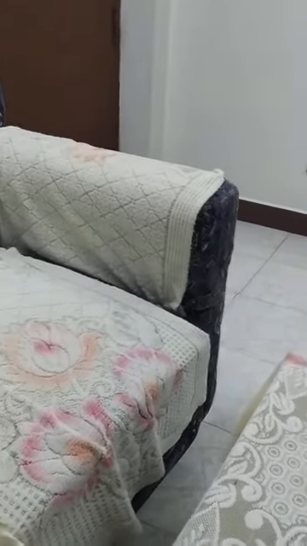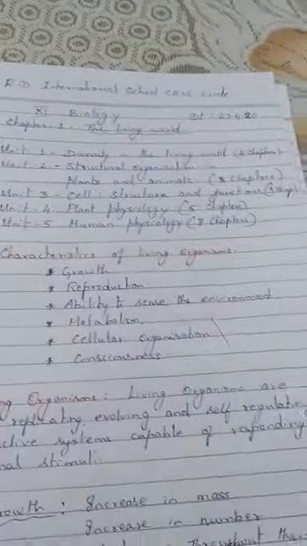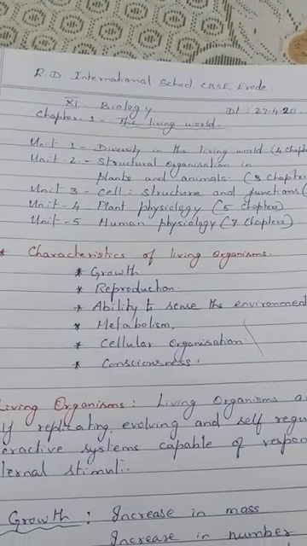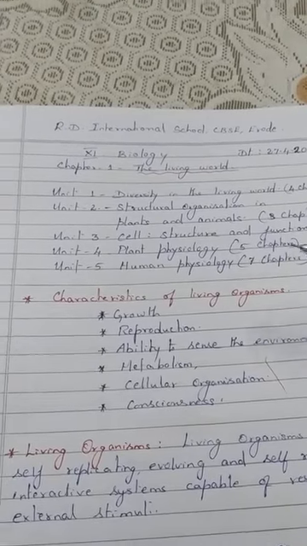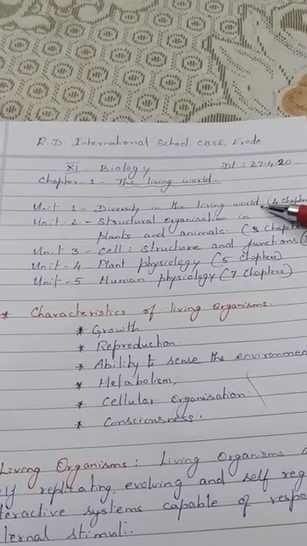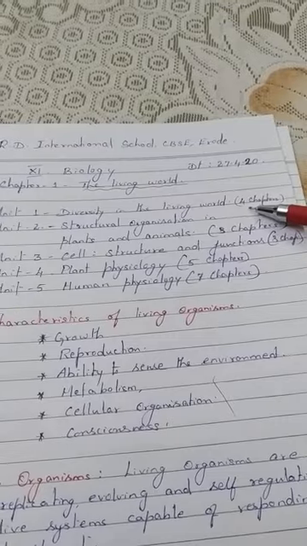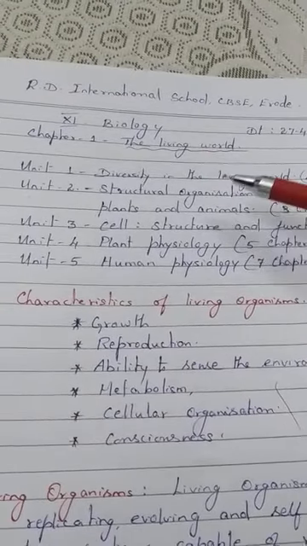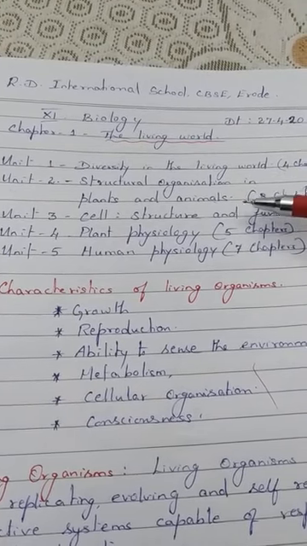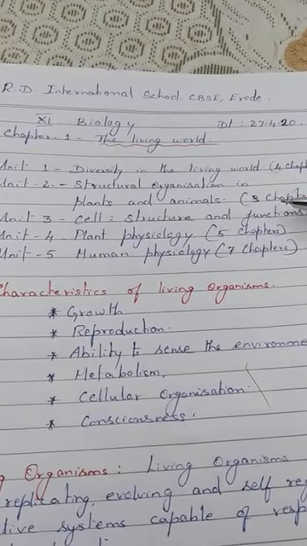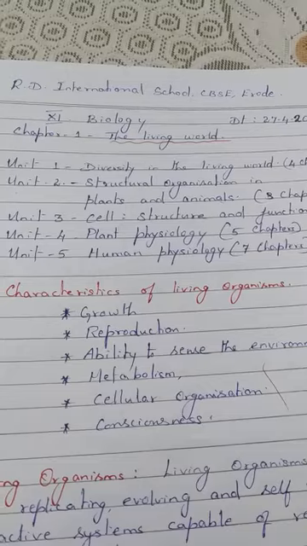In biology for 11th standard, you have 5 units, I told you already. Unit 1, diversity in the living world, has 4 chapters. The second unit is structural organization in plants and animals. It has 3 chapters.